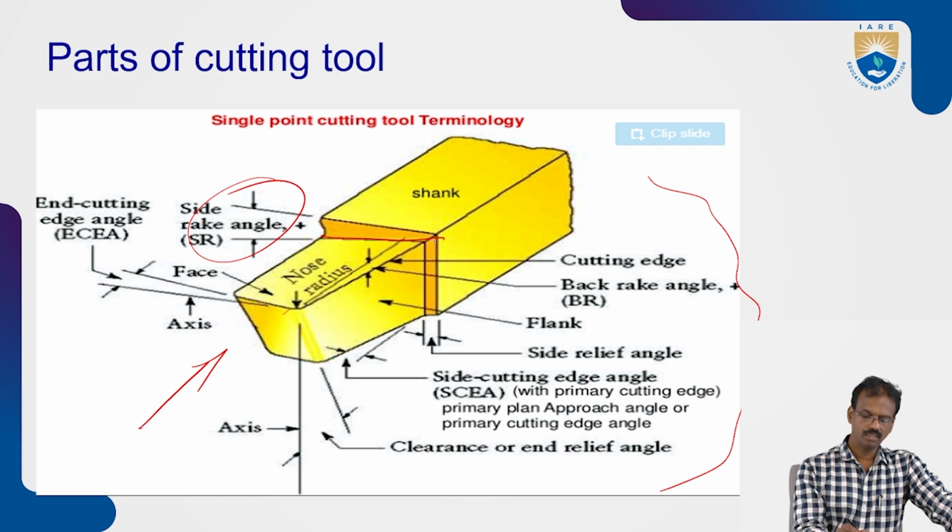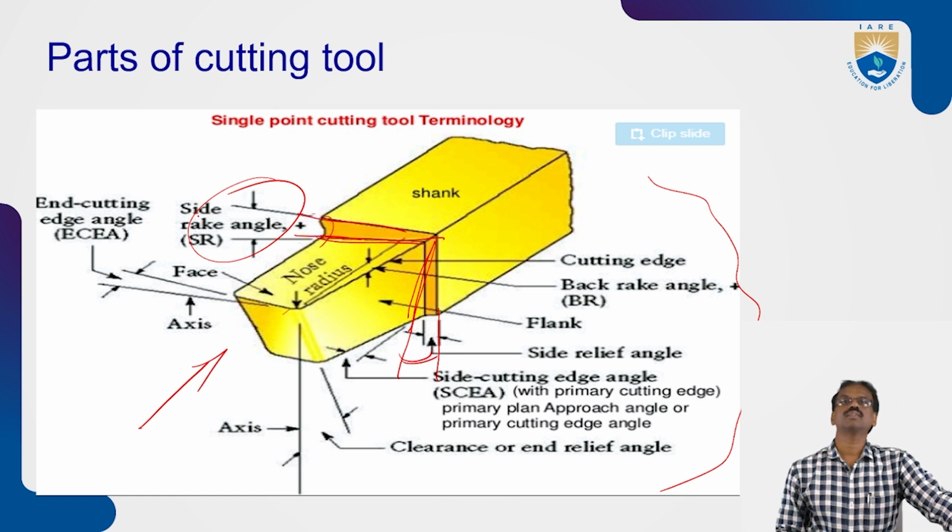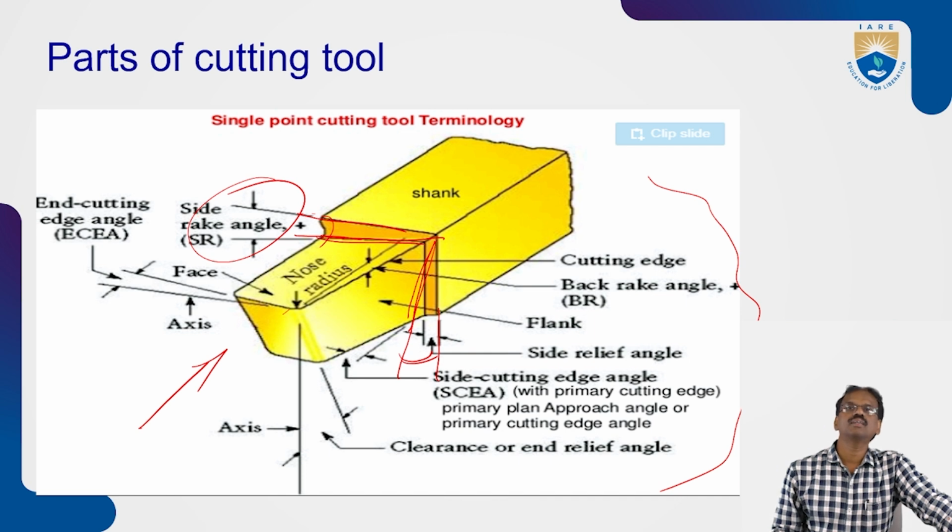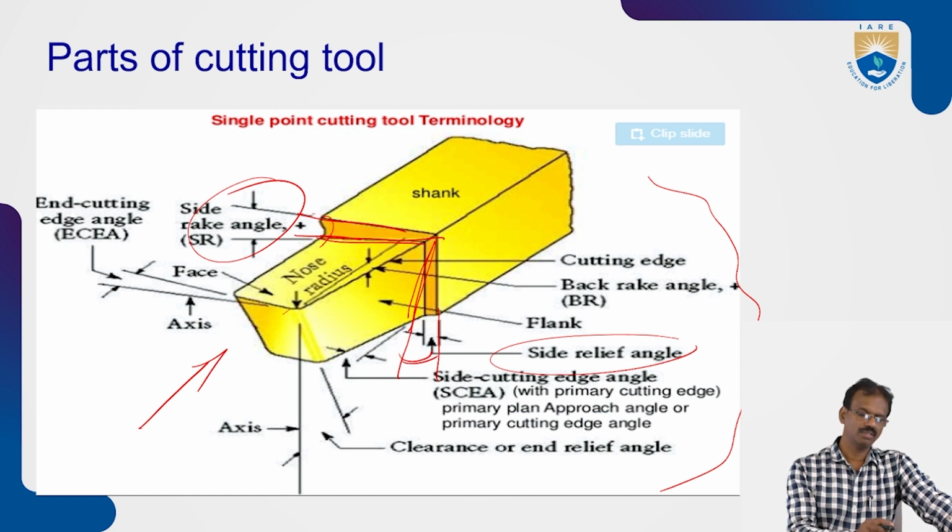The angle between this one is nothing but the side rake angle. This is the side relief angle. These two angles you can see if you observe from the end side view.